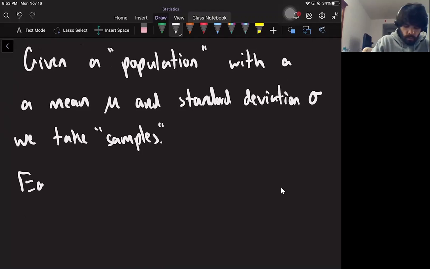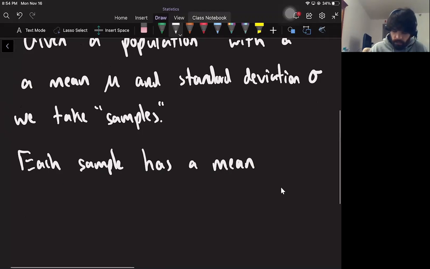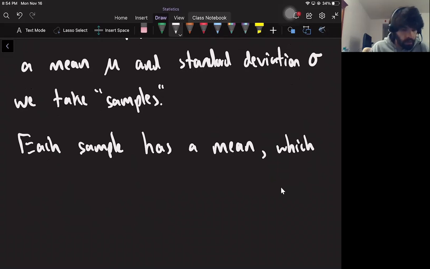but each sample, so if I get like 20 people in California, each of those smaller groups has to have a mean too, a mean of their heights. So you might ask, okay, how is that related to the mean of everybody if that's just a few people?